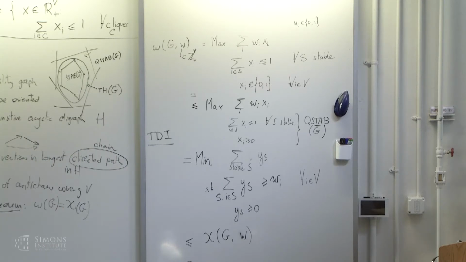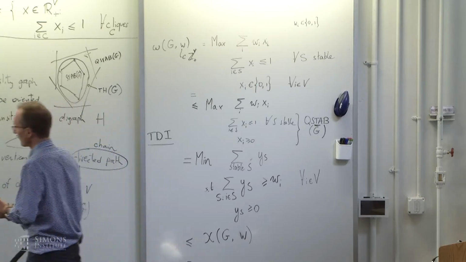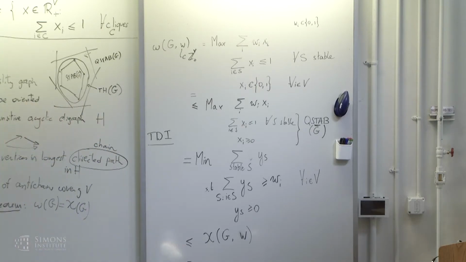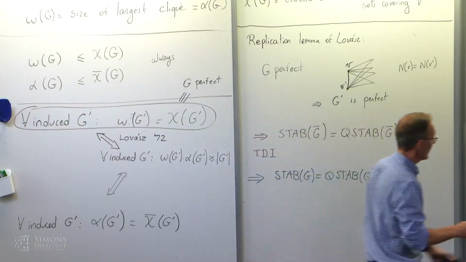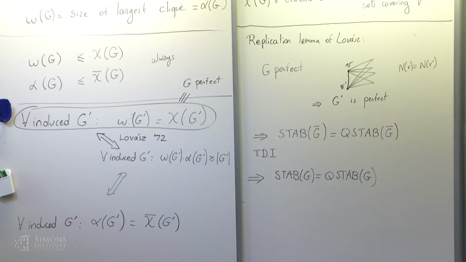Michel, just before we go on, how do you apply the replication lemma to get equality? So the replication lemma would be the following. I have a graph and I have a W. For example, I have this graph and W is 2, 3, 4, and 1.